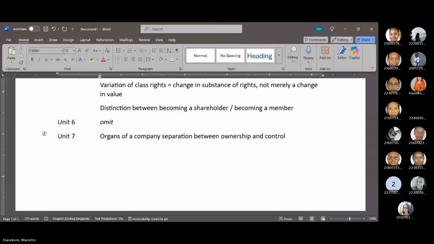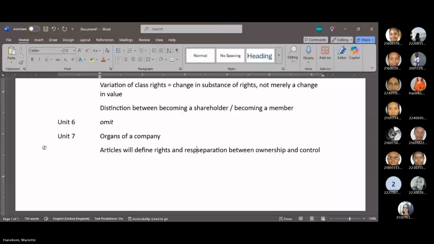Particular roles and responsibilities are defined in the constitution of the company, in the articles. And both the organs of the company are bound to the articles.